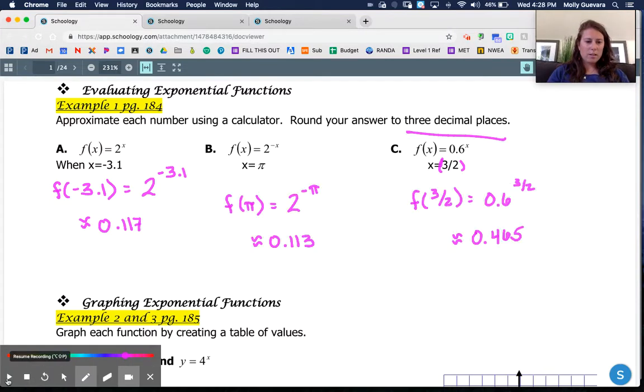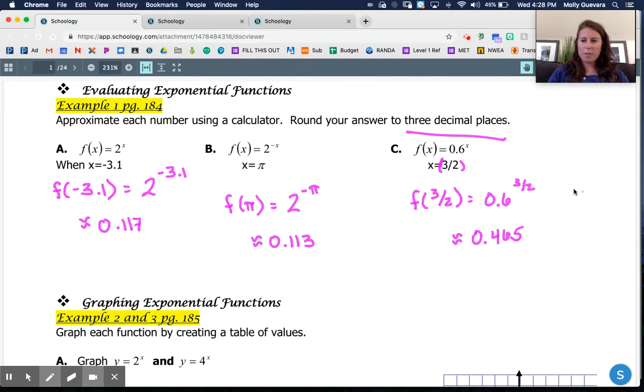Good luck. All right, so hopefully we got these answers here. Another option that you could have done for this third one, you could have done 0.6 to be 1.5 if you didn't want to enter a fraction, right? 3 over 2 is 1.5, so that's another option too. But hopefully we feel good just about entering these numbers into our calculator.